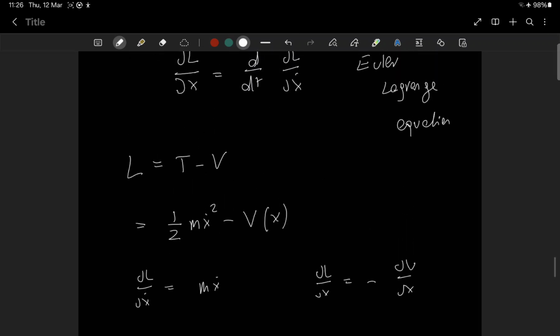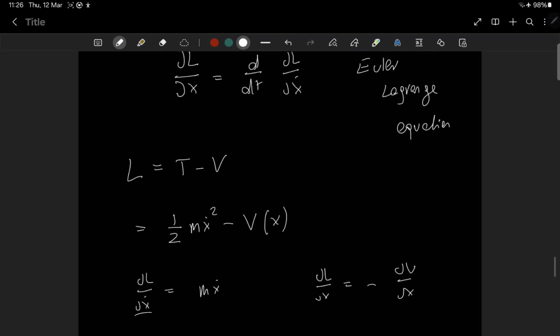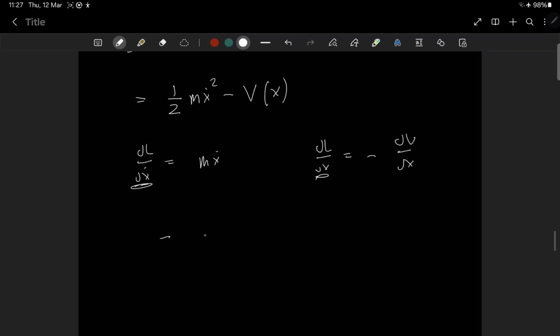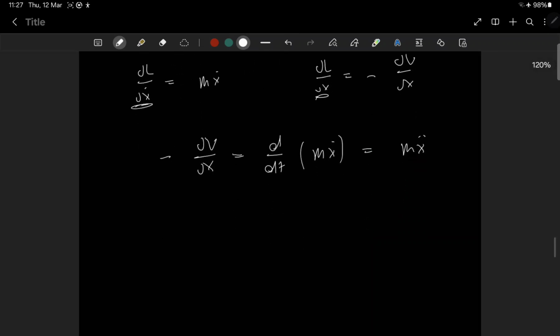And if we look at the Euler-Lagrange equation, we have this term over here and this term over here. So if we plug in, we get minus dV by dx is equal to d by dt of m x dot, and the right-hand side is just m times x double dot.